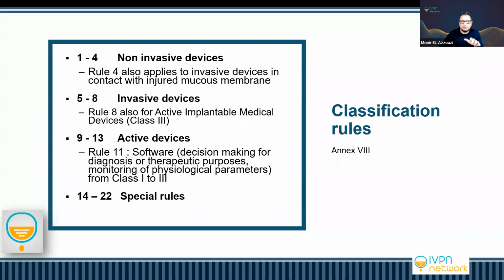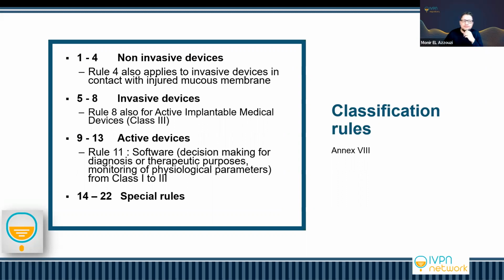But you have to be careful because in Rule 4, they are talking about invasive devices. So the difficulty here is to understand why they are talking about invasive devices in a non-invasive section. This is also something that you have to check. It's why I'm telling you to read each rule one by one. The title does not mean that everything is fine.